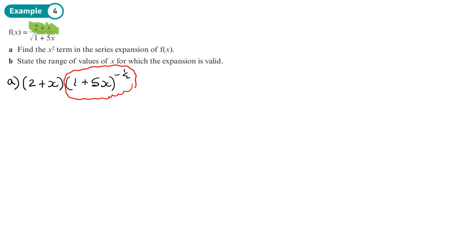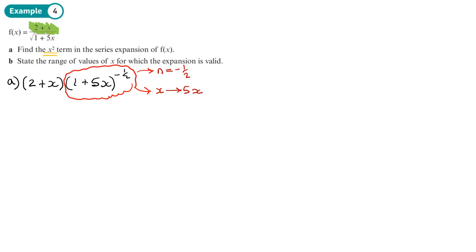Now when we do the expansion on that bit, it means that where we see n, we're going to put negative a half, and where we see x in the expansion, we're going to put 5x there. Now because the question is just asking for the x squared term, we don't need to expand up to the x cubed term.